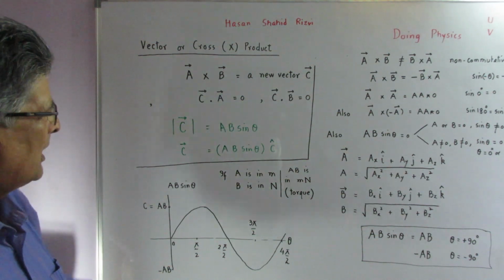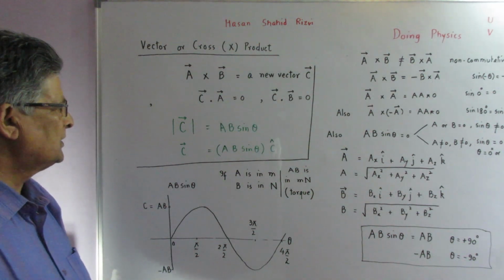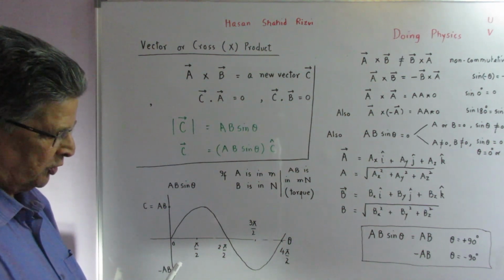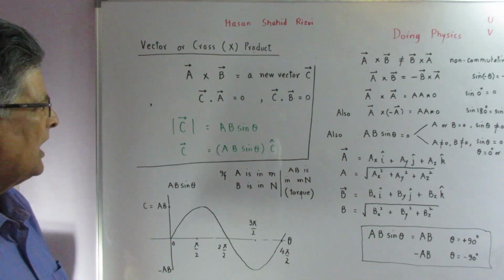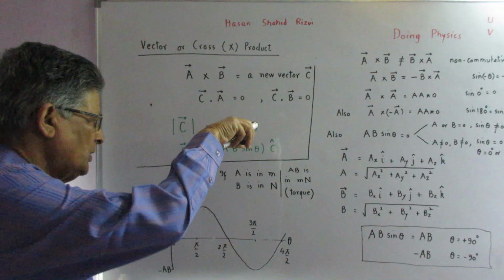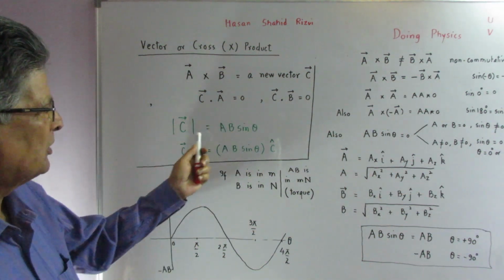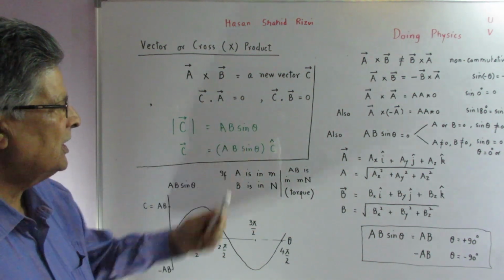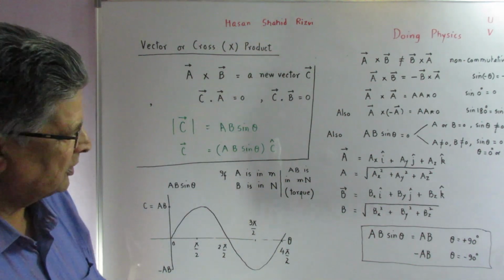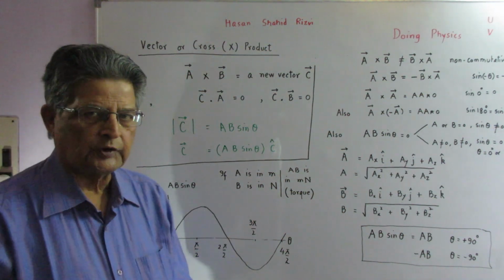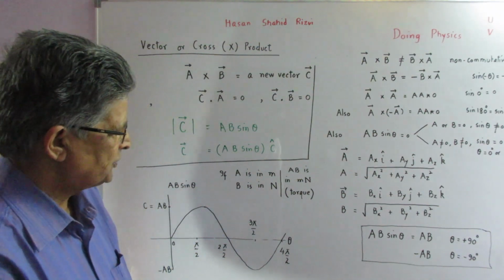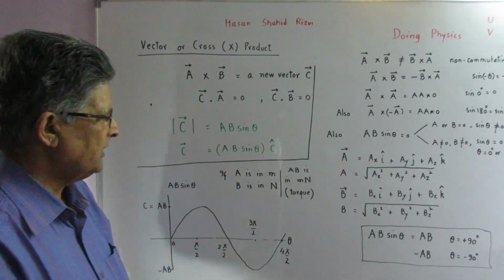Then I told you that the magnitude of the new vector, which could be out of the board or into the board, will be equal to AB sine theta, which is nothing but the area of the parallelogram made between the two vectors A and B in the plane of the board, the plane of the surface of your copy where you are writing.